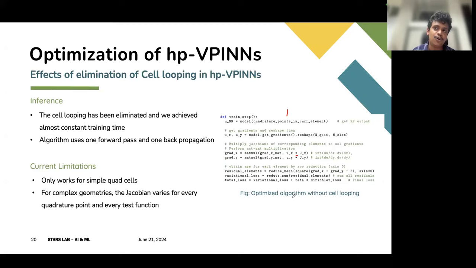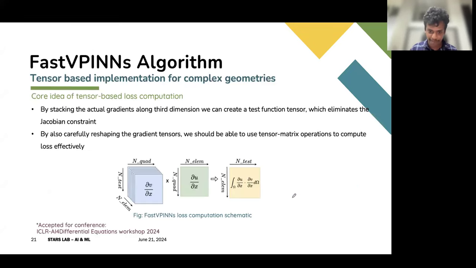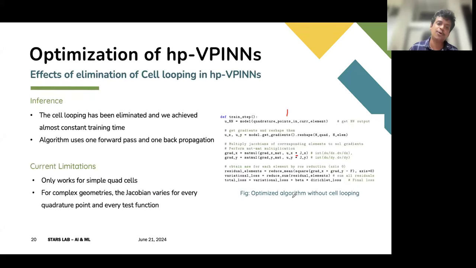But if you look at a skewed geometry, the Jacobians for the cell will vary at every quadrature point. So you won't be able to do this transformation, which means we have to go back to the drawing board.